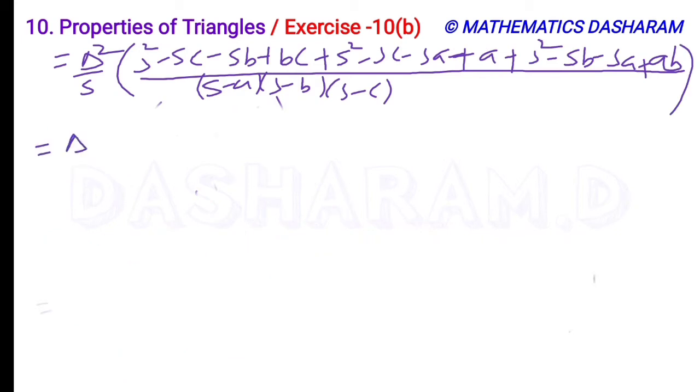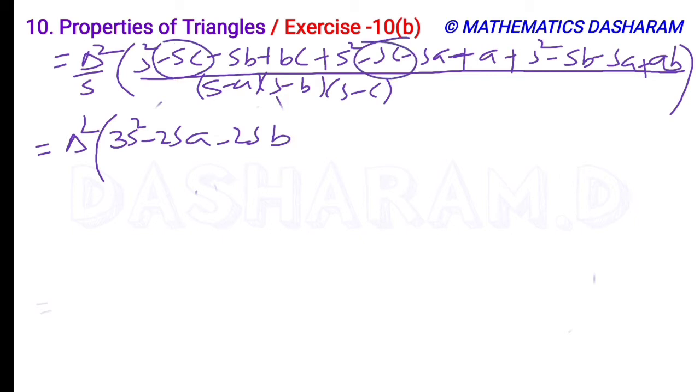So delta square divided by, here bracket of s square repeated 3 times, so 3s square. Next here minus sa, here minus sa, so minus 2sa; minus sb, minus sb, minus 2sb; minus sc, minus sc, minus 2sc.